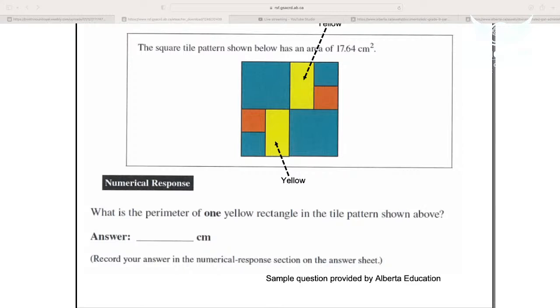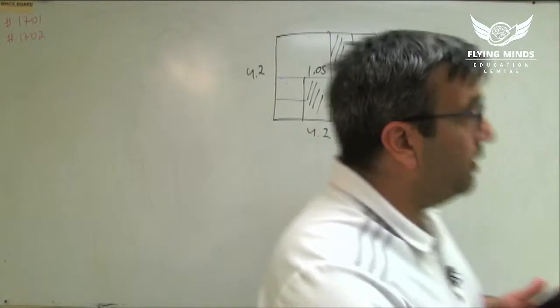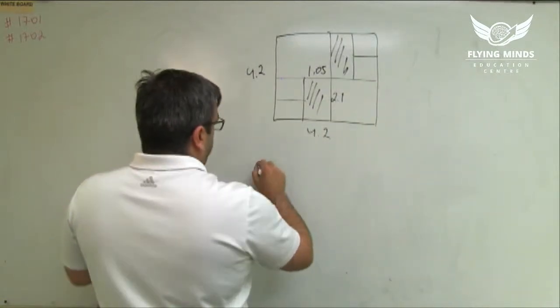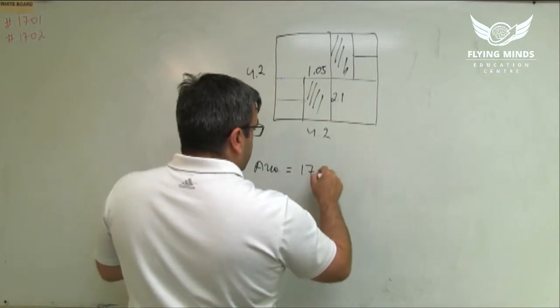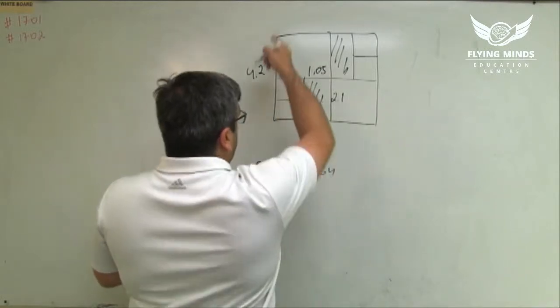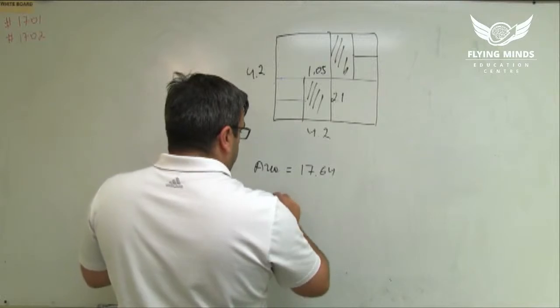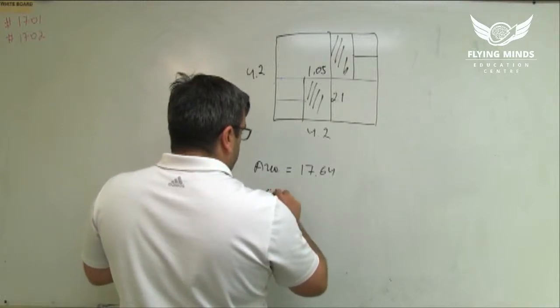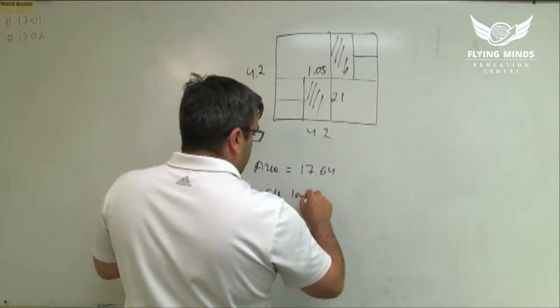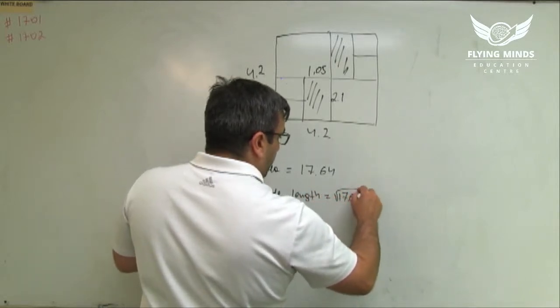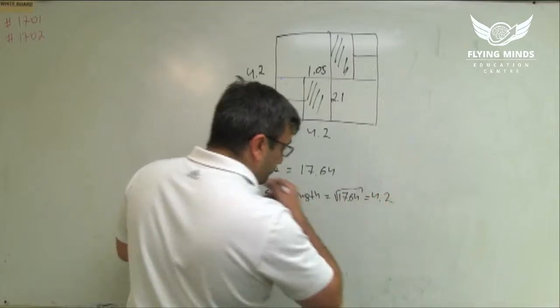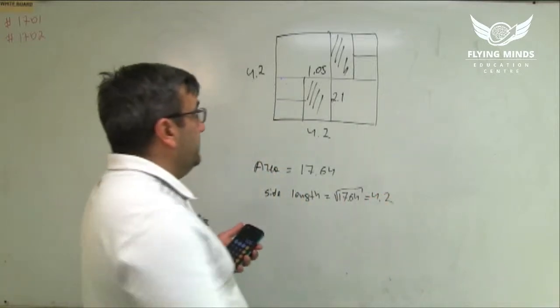Okay, so here we go. The area is 1764. Then each side length will be the square root of 1764, which equals 42, right?